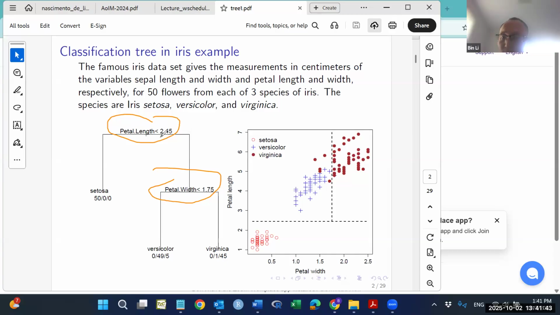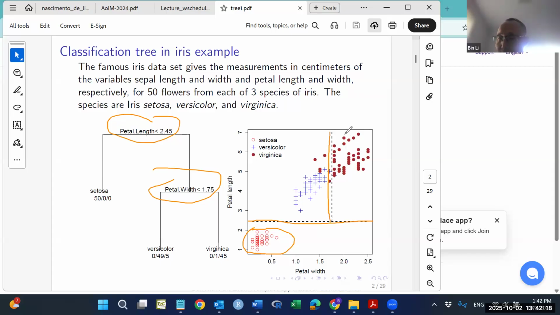So what is the first split? The first split happens here. You see that horizontal line at 2.45? All the samples with petal length less than 2.45 centimeters belong to setosa, right? And then what's the second split? The second split happens here. You see that vertical line?